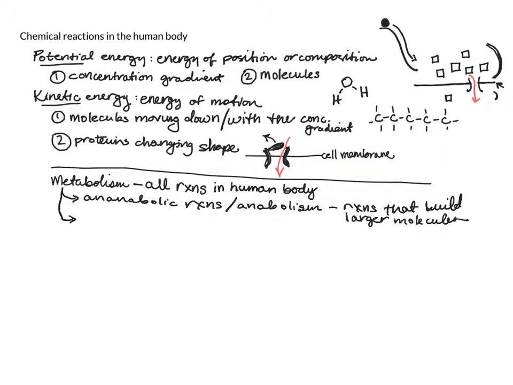And on the simplest form you can think of, if I've got these two small molecules, I might perform a reaction that bonds them together to create one larger molecule. That would be an anabolic reaction. And then the opposite, a catabolic reaction, or catabolism. These are reactions that break larger molecules into smaller pieces.